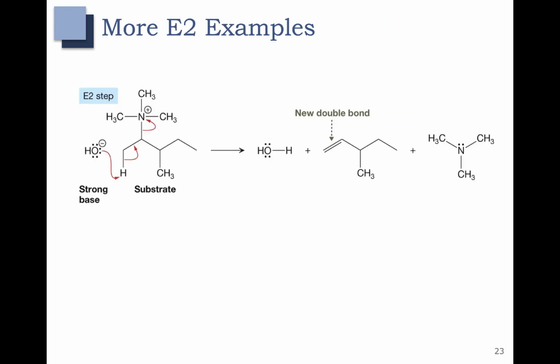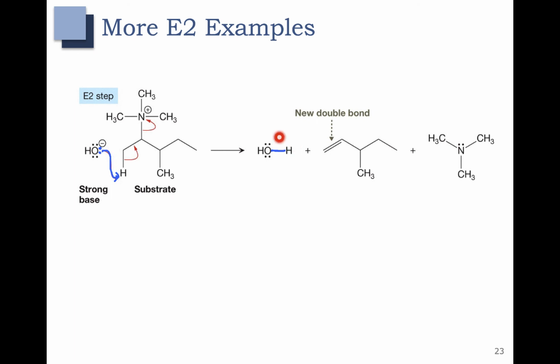Let's look at another example of an E2 reaction. Again, we have a strong base, and in our substrate, we're going to have a leaving group, and we are forming a new carbon-carbon double bond. Let's follow the electrons. The blue lone pair on the base becomes an oxygen-hydrogen bond.